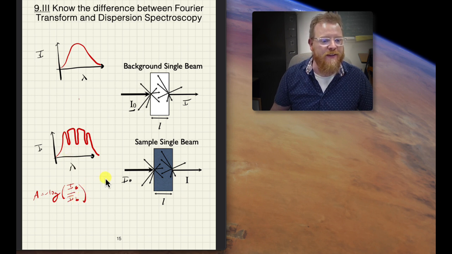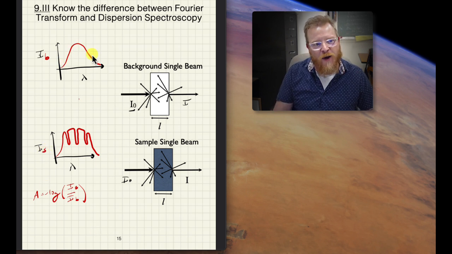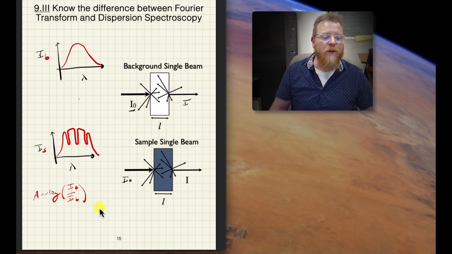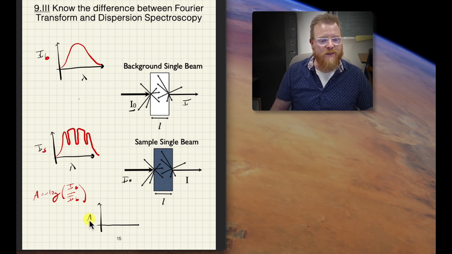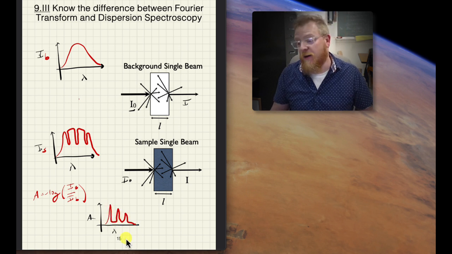So we'll say that this is IB and this is IS. Then this feature right here, the big hump, will all wash out, and we will only see then the peaks, right? So we'll see now these nice, lovely peaks that cut out the background spectrum. Okay?